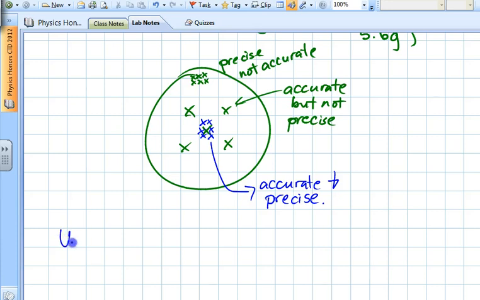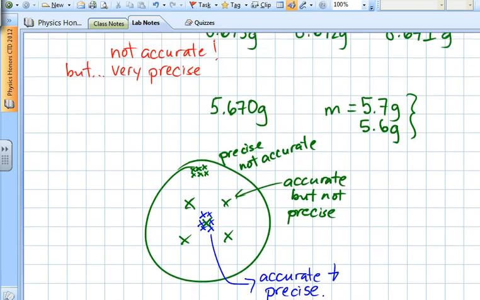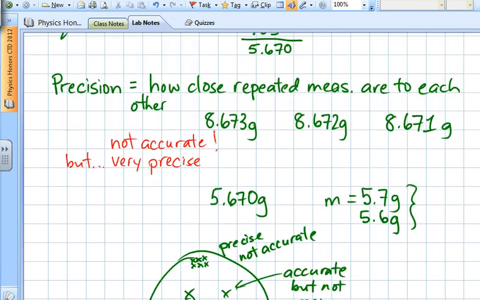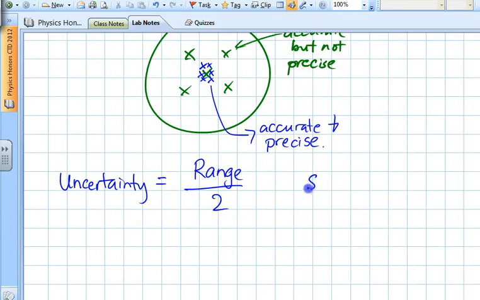The uncertainty of the data is equal to the range of values divided by 2. So as an example, let's say I go back to my 3 precision measurements. I have 8.673, 8.672, and 8.671.